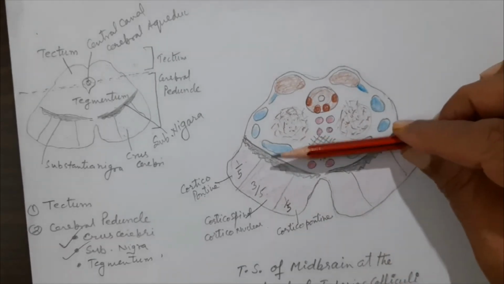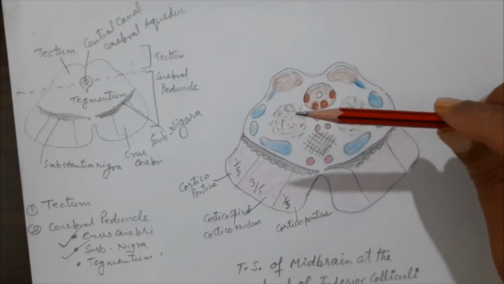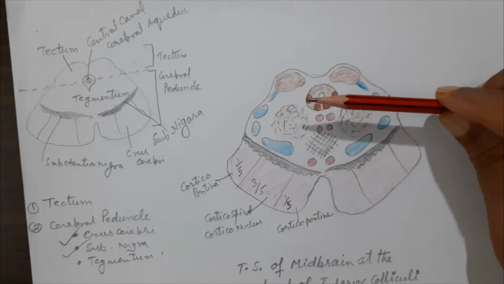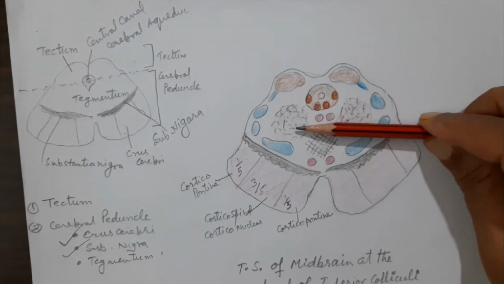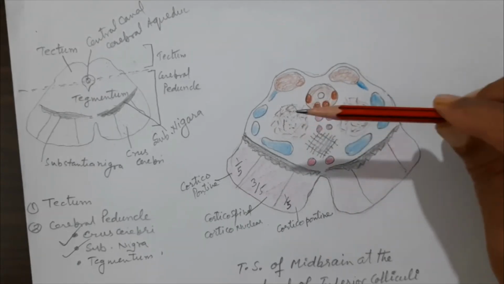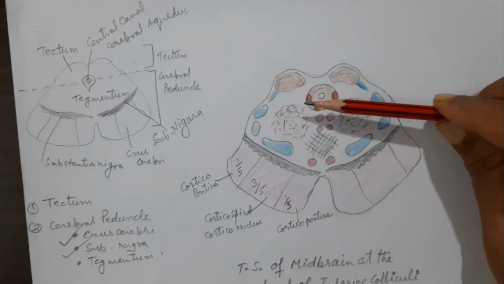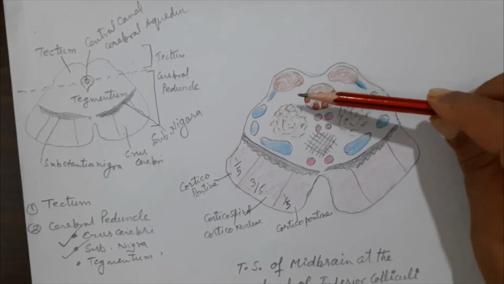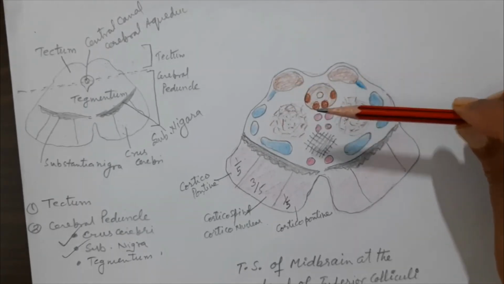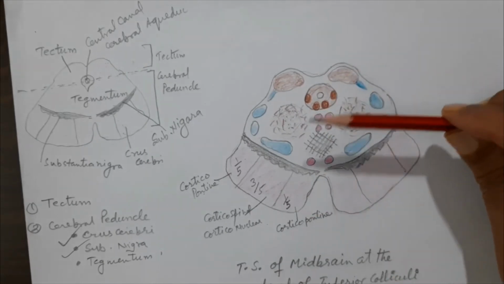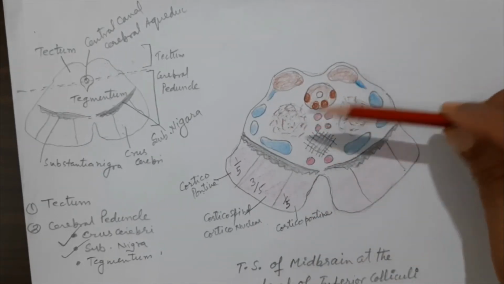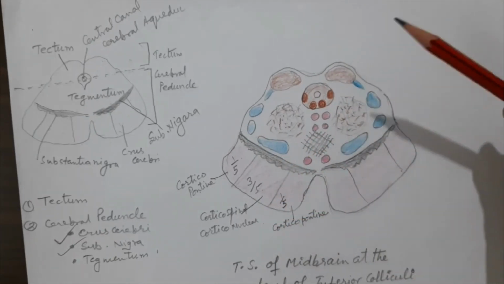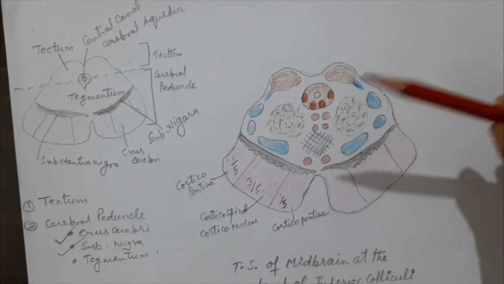Whatever we will learn here is the tegmental part and the tectal part, or the tectum and tegmentum, of the midbrain, and we will learn this at two different levels: the lower level of the midbrain, which passes through the inferior colliculi or inferior corpora quadrigemina, and then in the third video the section of the midbrain passing at the level of the two superior colliculi.